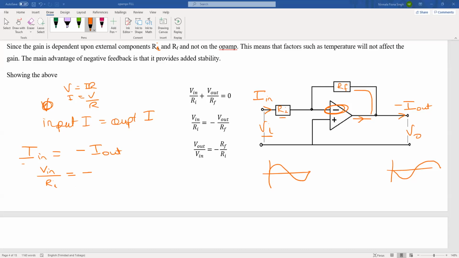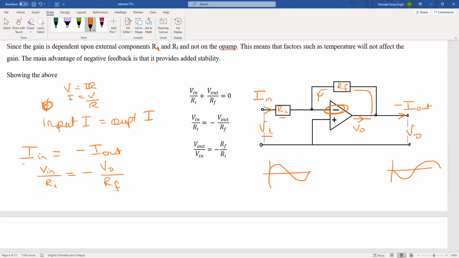All right, so here we can look at our output voltage that is being fed back into our circuit here. This is our output voltage, VO. It is going to be our output voltage divided by our feedback resistor.